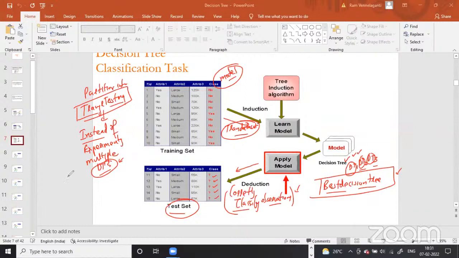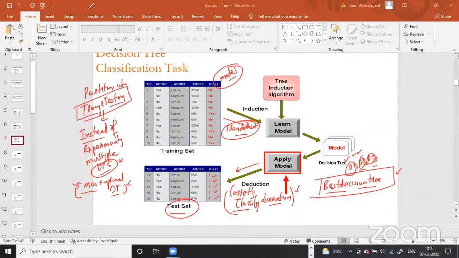If you want to find out what is the most optimal decision tree, is there any statistical method I can use? That is what we are going to find out in a few minutes. So instead of trying out different root nodes, is there any alternate option which can help us find out the most optimal decision tree? That is what we are going to see in a few minutes.